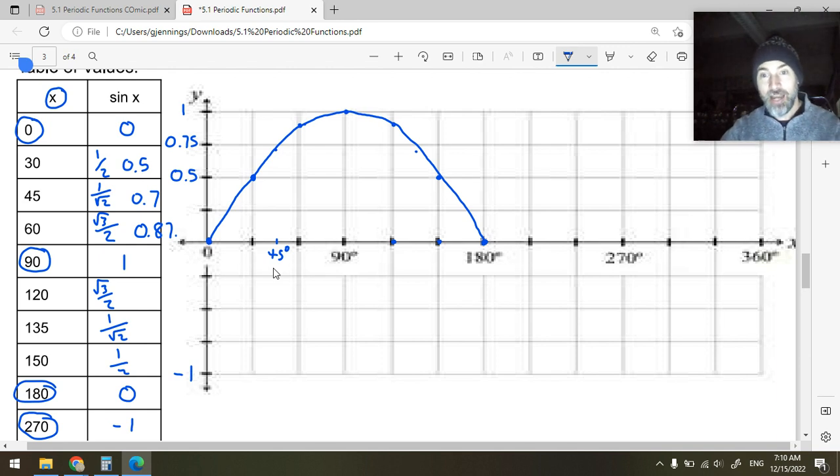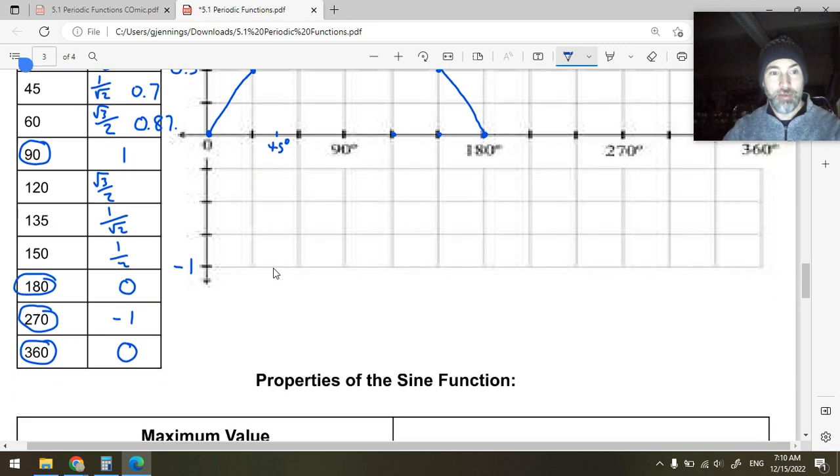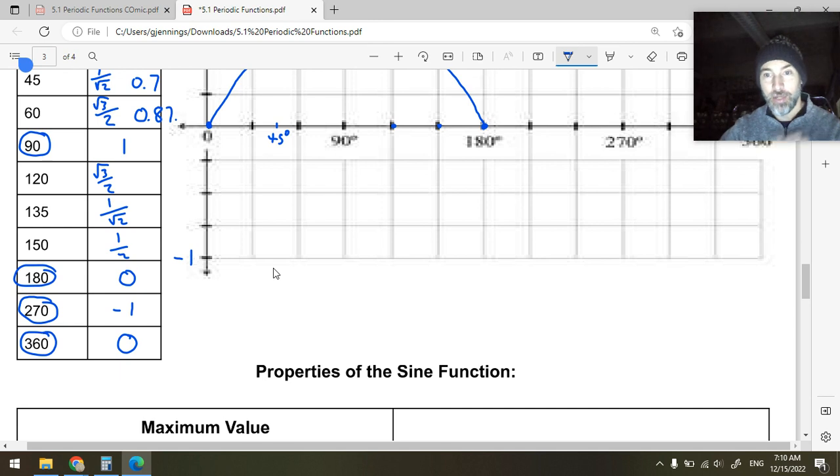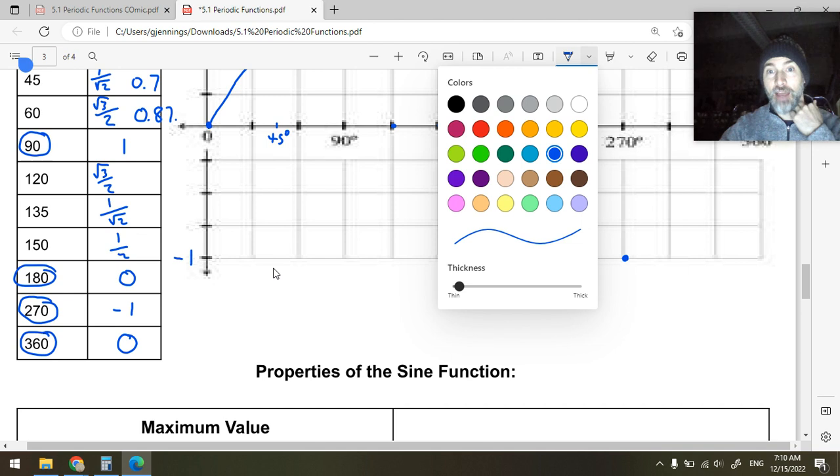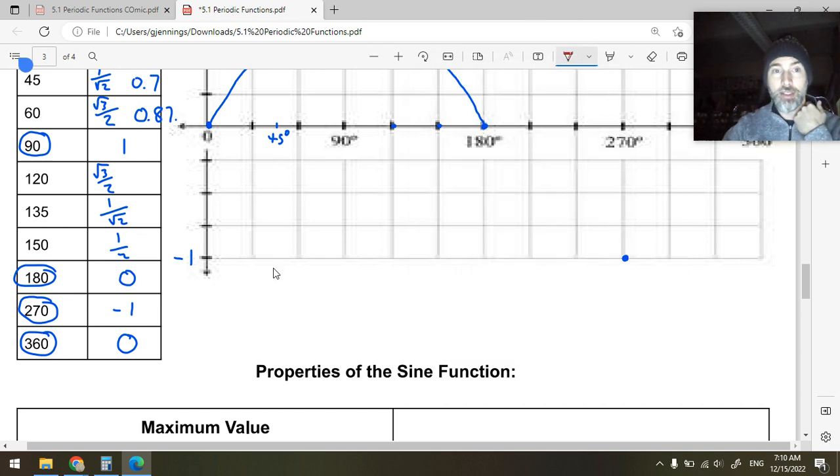So that's the beginning. And now let's go ahead and put the rest of our table of values on. 270 is at -1. Okay, down here. One trick that you can use when graphing transformed ones is you can put a little dotted line for the horizontal axis. I'm not going to do that here because it's the x-axis, but if you recognize the maximum and minimum values, you can put a little dotted line along there.